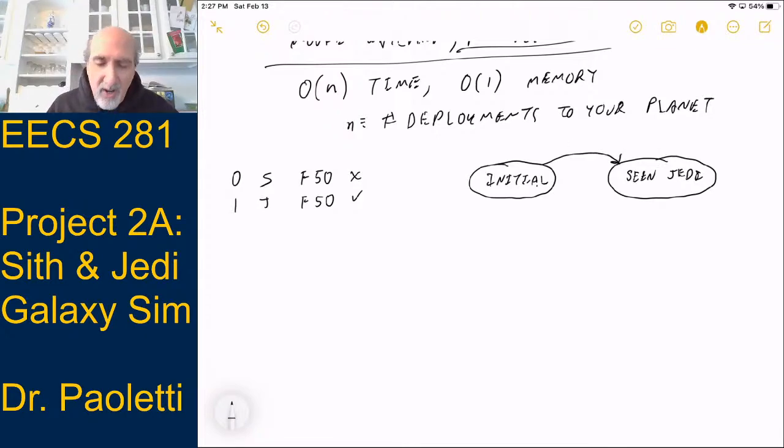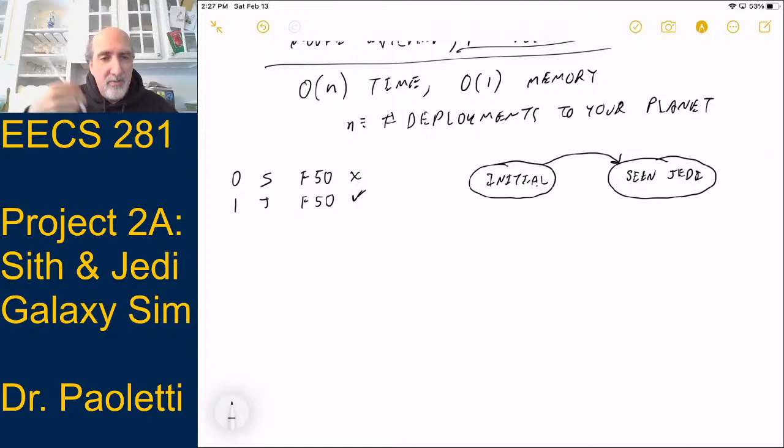I made a state transition. How did I make a state transition? I have a variable which changes its value to tell me what state I'm in. We'll talk about what kind of variable in a few minutes. All right, so I've got my initial state, I've got my transition to my Cena Jedi state, and I've got to keep track of the fact that I've got a Jedi with Force 50 at time 1.